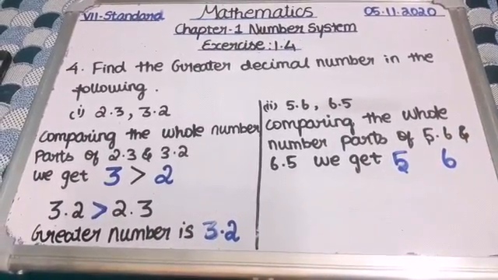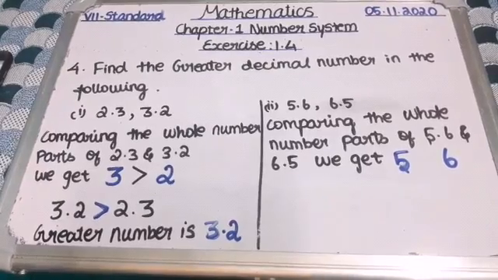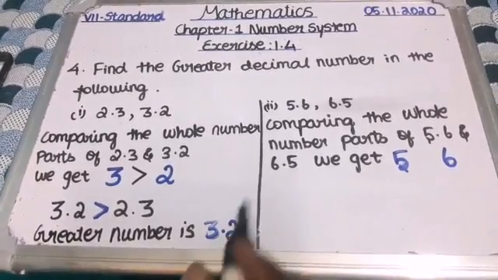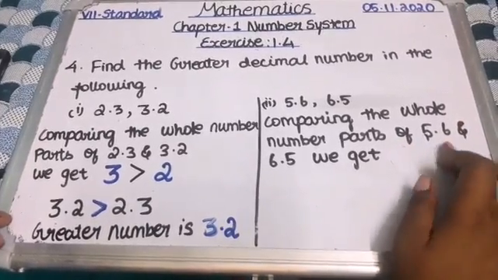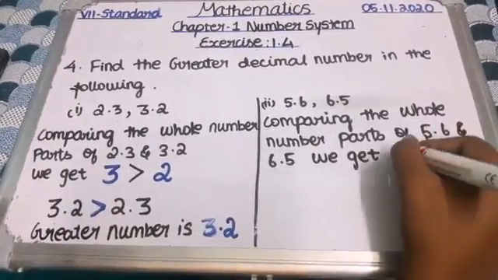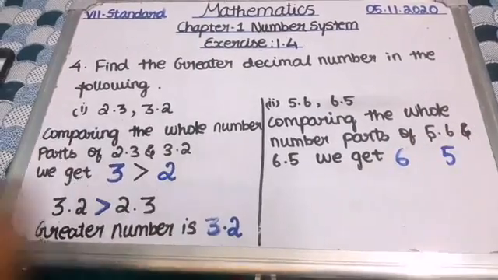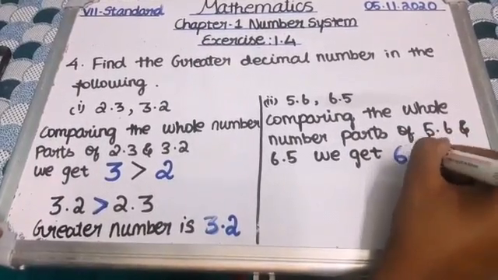So which is greater here, 5 or 6? 6 is greater. We can also write it like this: the greater part we can write at first, and the smaller one we can write after it. So 6 is greater than 5.